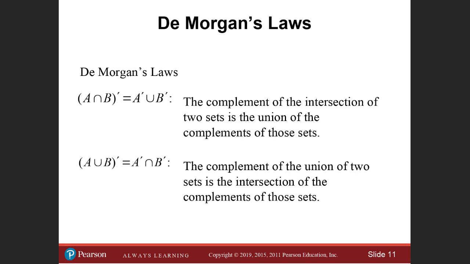So U here means union, and then the reverse of U, the flip of U, would be the intersection. And the apostrophe means complement.